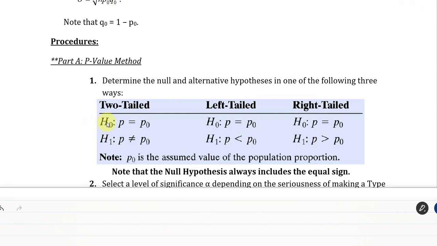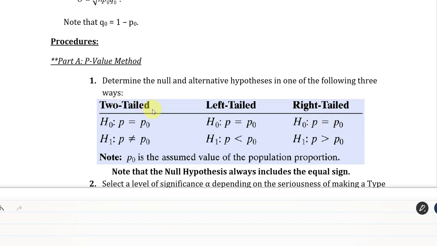For the null hypothesis H0, we always see the equal sign. So p equals p0. p0 is just some value of the population proportion that you assume to be true in the beginning. So in all three cases we have p equals p0.